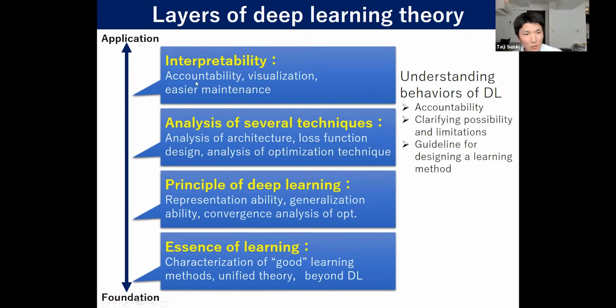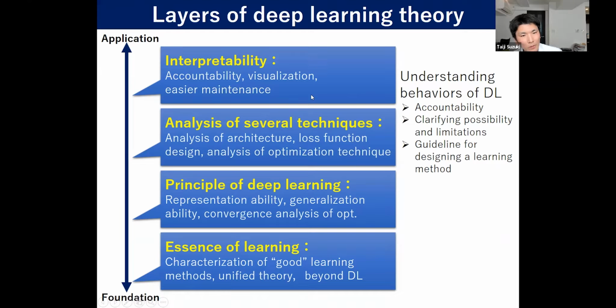They need accountability, and some visualization is also useful, and by doing so their product could be much easier to maintain. In this category, the technique so-called XAI comes in. Such a technique is useful at this level of the theories.